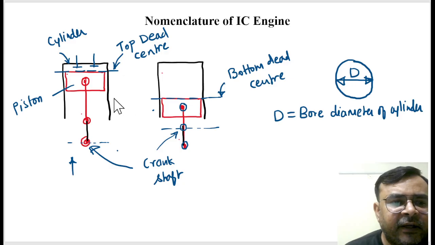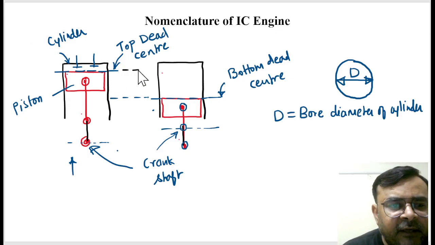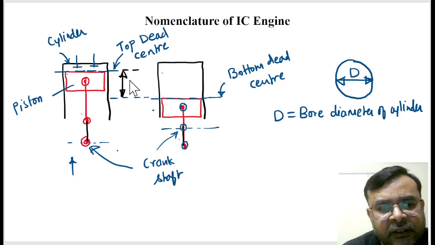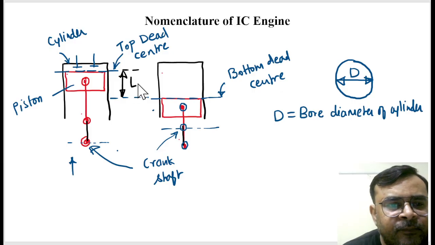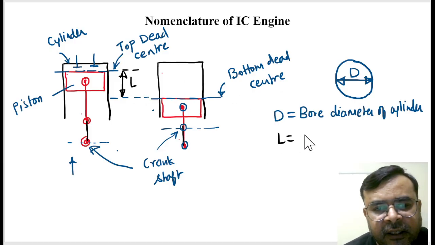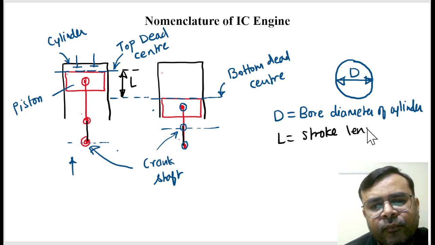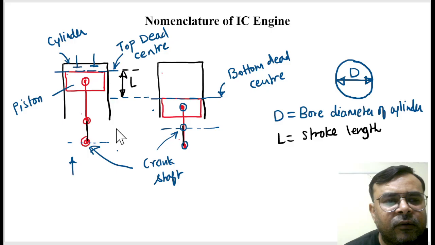And again, in between the top dead center and the bottom dead center, the piston can move up to this linear area. Yes or no? So this is called stroke length. This capital L is called the stroke length. Is it right?